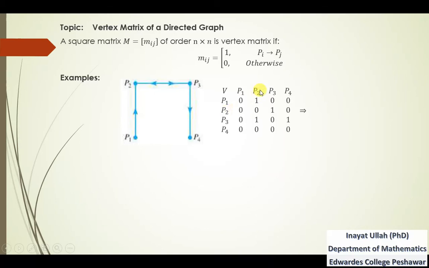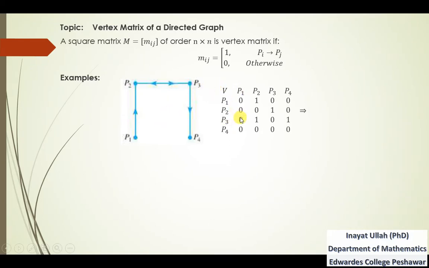Similarly, P2 to P2 is 0 because there is no loop here. And P2 to P3 is, there is an edge from P2 to P3. Just look at that, from P2 to P3 is an edge, so that is 1. And from P2 to P4 there is no edge, so that's why this is 0. Similarly, you can repeat this for the next vertex, P3 to P1.